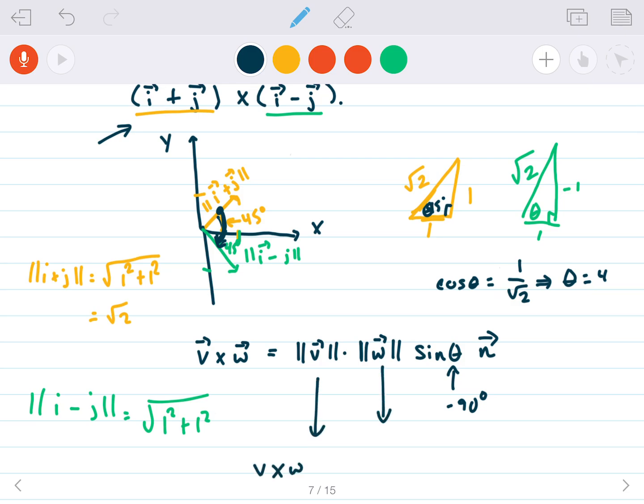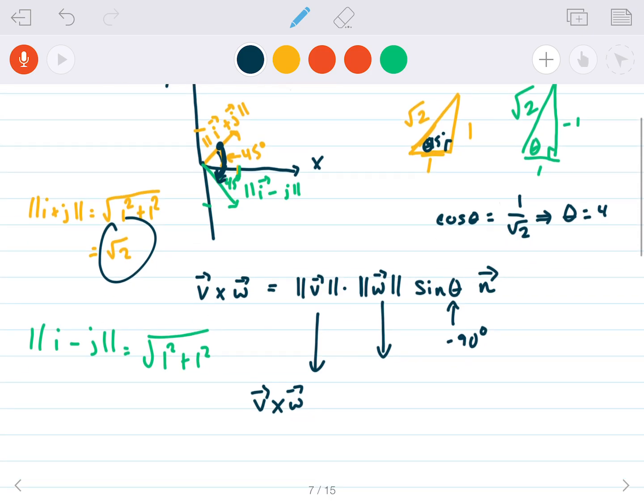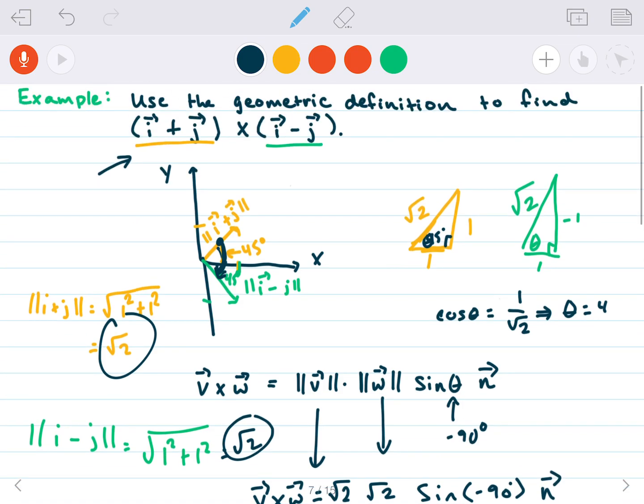V cross W: the magnitude of V we just saw was root 2. Magnitude of W was, again, root 2. So we have root 2 times root 2 times sine of -90 degrees times a vector that is perpendicular to both v and w. Well, guys, v and w both lie on the xy plane. There's no z component, there's no k.